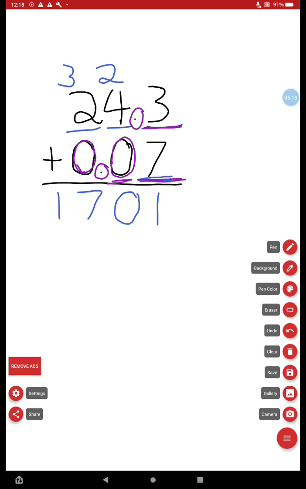So in my answer, I need to have 3 numbers to the right of the decimal point. I now read my answer as 1 and 701 thousandths, or usually people say 1.701. All right, put that into practice today on 4.8 homework.